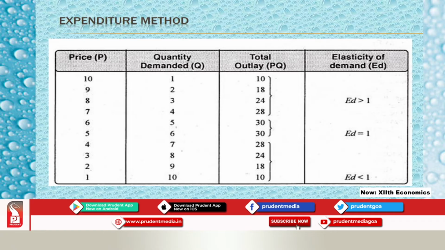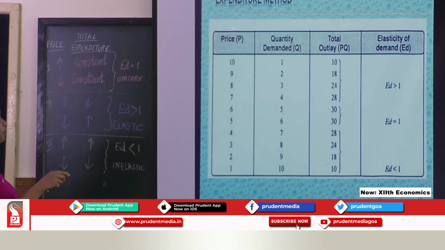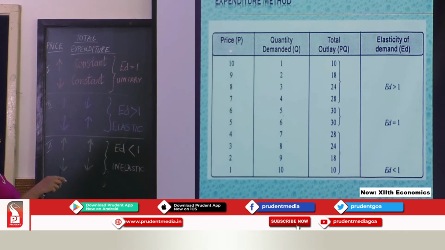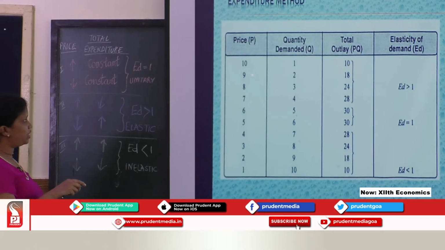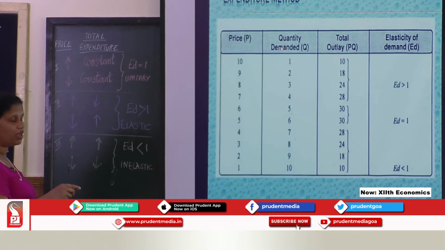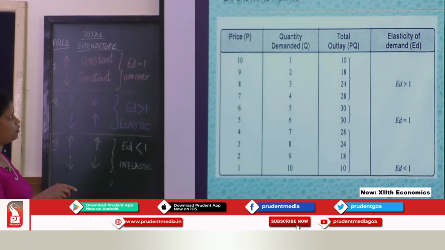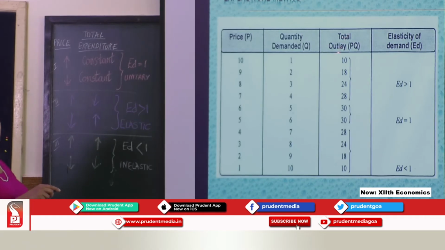Let us understand these three situations in the form of a table. Look at this first column, it is price. We know that price is decreasing. Second column is quantity demanded, inverse relationship, therefore quantity demanded is increasing. This third column is showing the total outlay, which is the total expenditure.